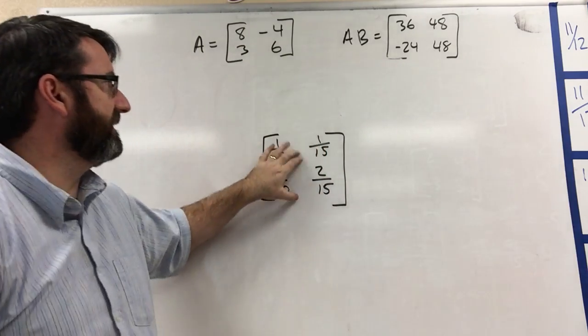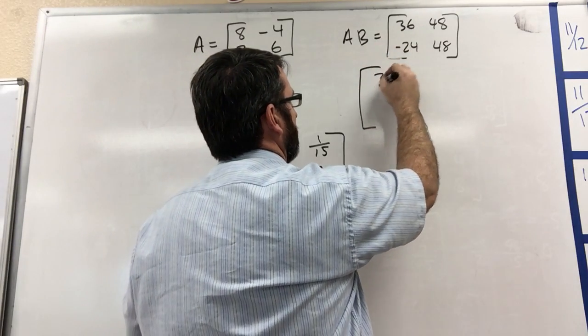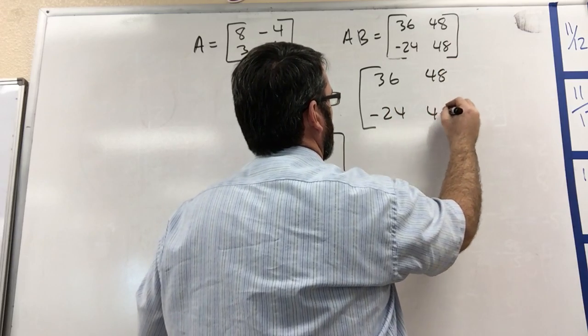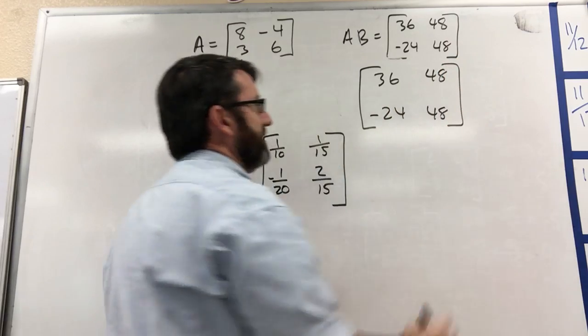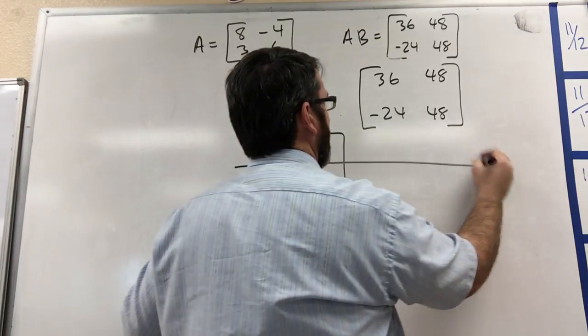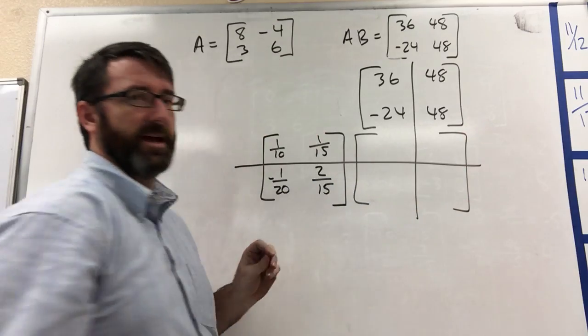So we want to multiply this matrix times AB. So I'm going to put AB up here. And the reason I did that is so that we can see, I'm going to draw some lines through this so we can see how we're multiplying these together.